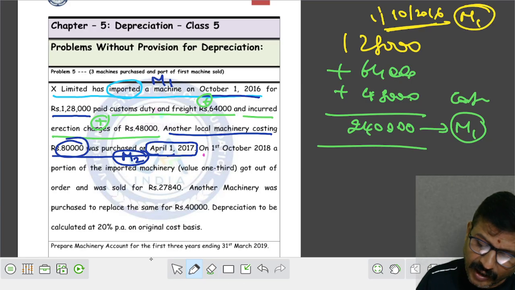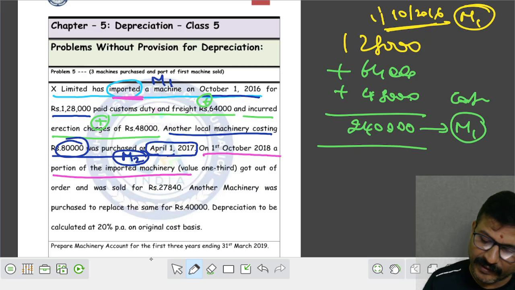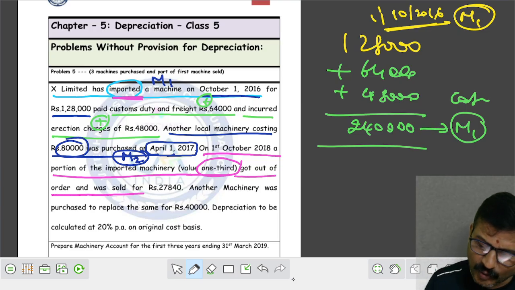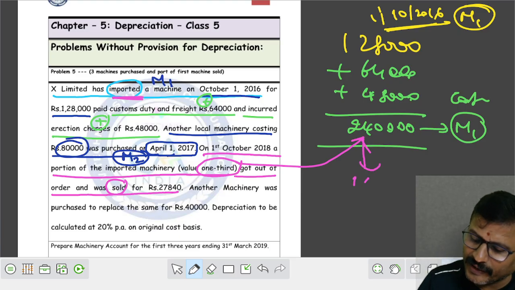Later, on 1st October 2018, a portion of the imported machine. Which one is the imported machine? The imported machine is M1. Value 1/3 got out of order and was sold. What was sold? See here, this is the first machine. In this, 1/3 means 80,000.